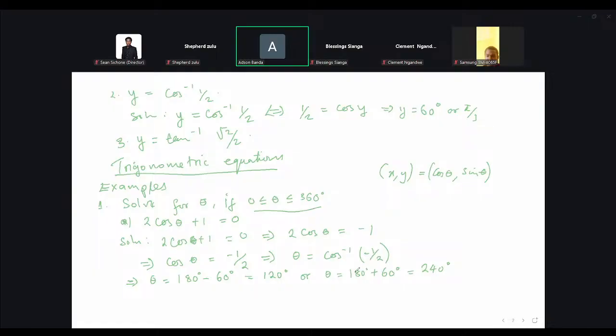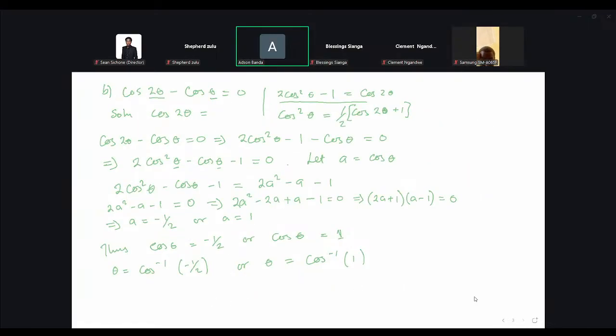We found those two angles. So I'll just write them as they are. So we have 120 or 240. So that is for the cosine inverse of -1/2. The other is the cosine inverse of 1.